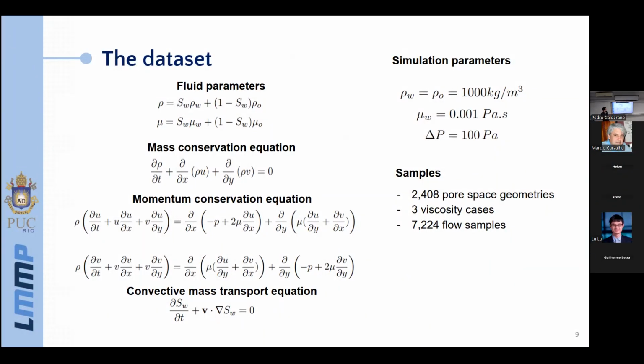I have 2,400 pore space geometries as samples. For each pore space geometry, I have 3 different viscosity cases, and this leads to over 7,200 flow samples. Well, 7,200 is basically 2,400 times 3.